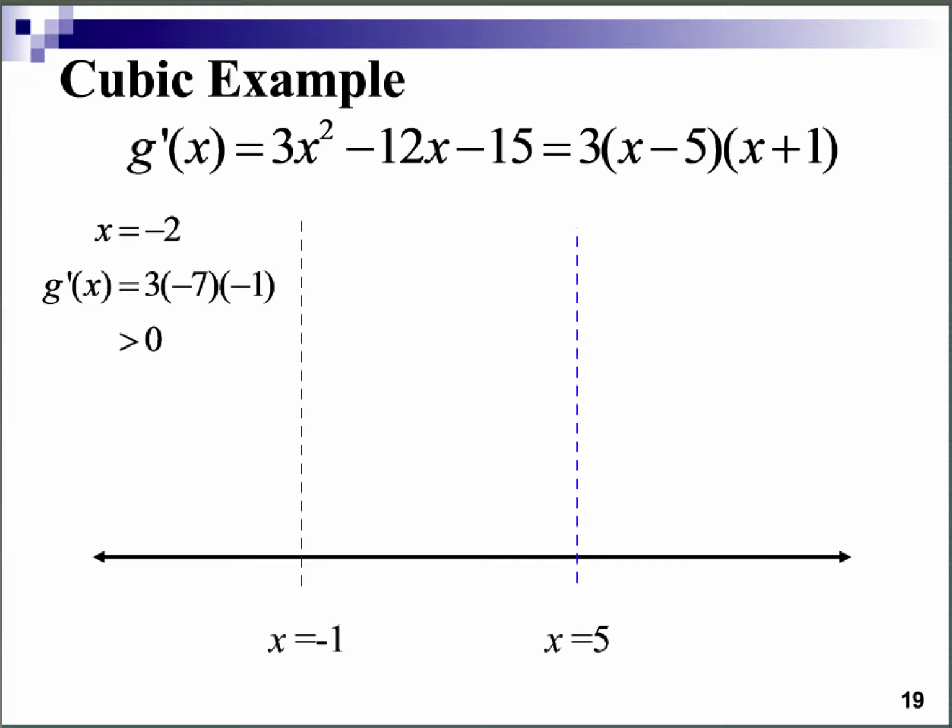The actual numerical value is not as important as the sign. The sign here is greater than 0, therefore the derivative is positive. So remember, if the derivative is positive, then the original function g is doing what? Of course, yes, it is increasing. So we can mark that as an increasing function in that region.